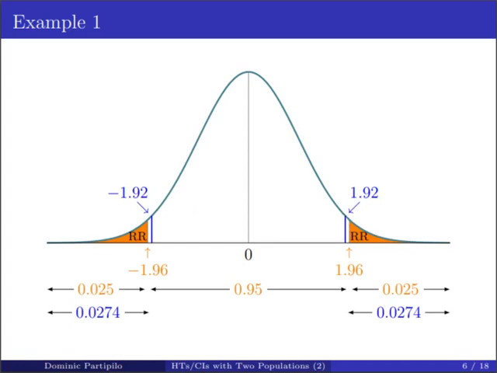So by taking our 0.0274 and doubling it, we're taking into consideration this side right here. And that will come up with a proper conclusion for us because as we see right here, our critical value is most definitely not in the rejection region. So we know without even calculating a p-value that we would fail to reject the null hypothesis here.